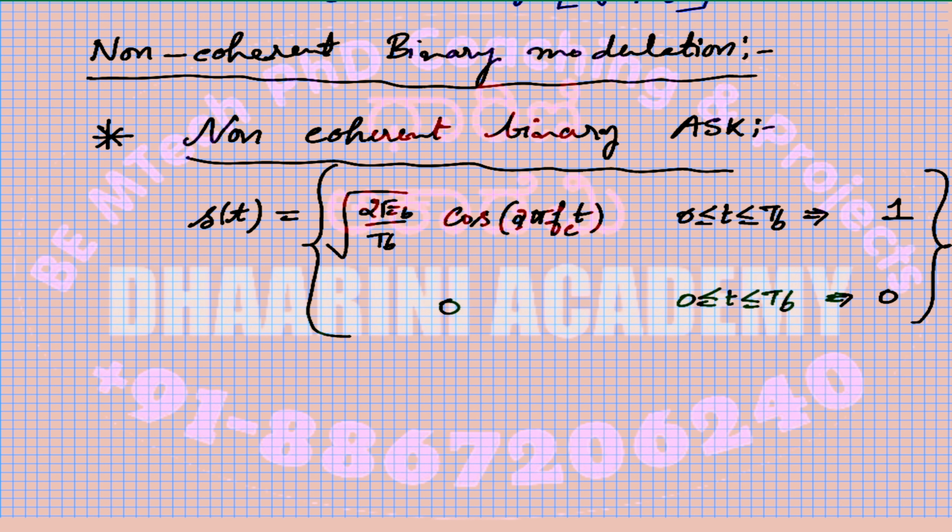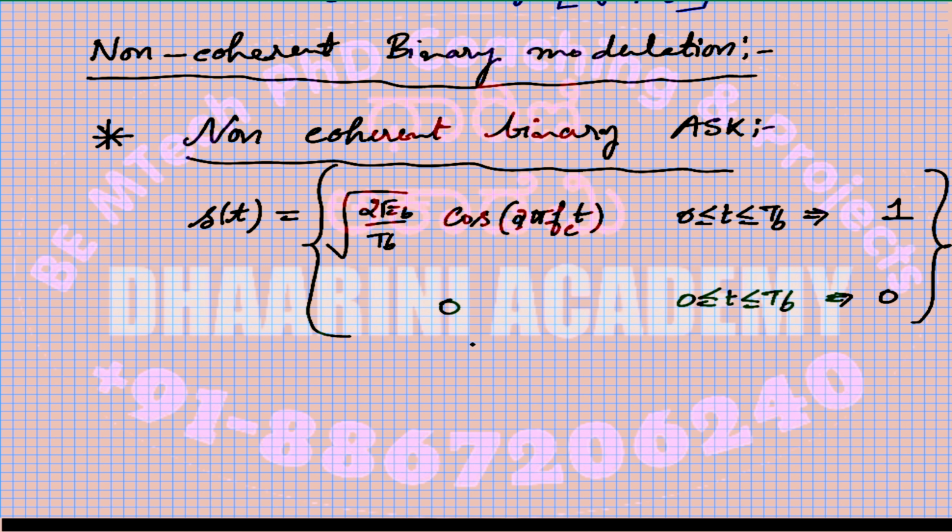There is a noise component, or some slight modification, in the signal whenever the transmitted signal reaches the receiver.